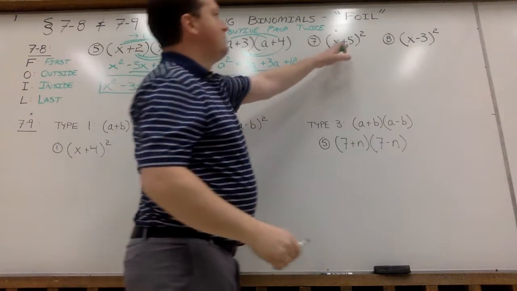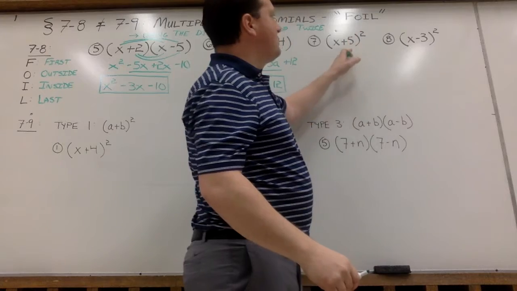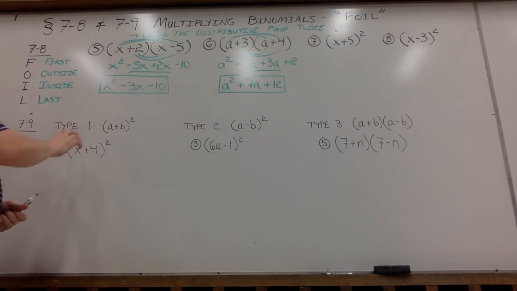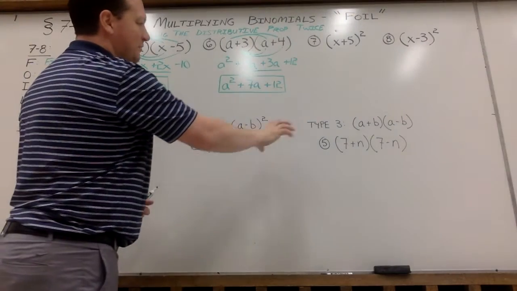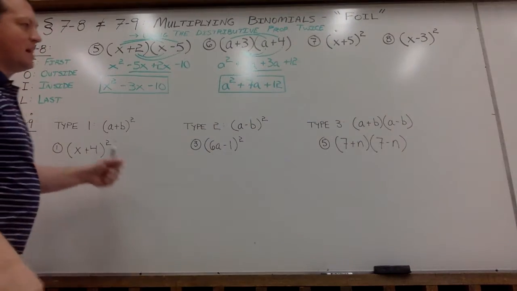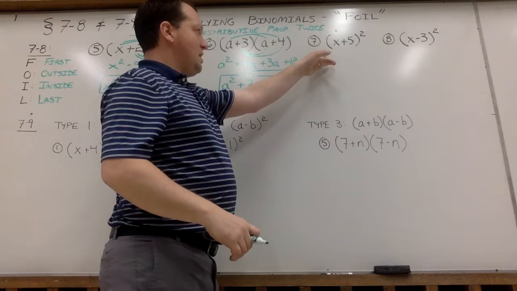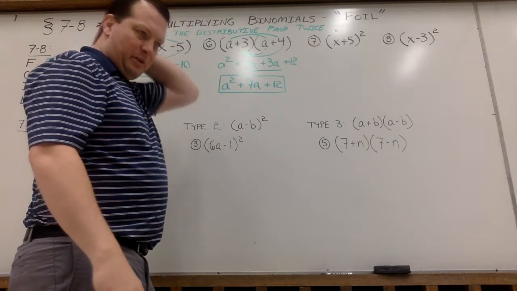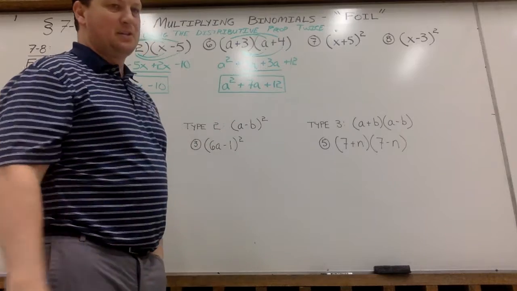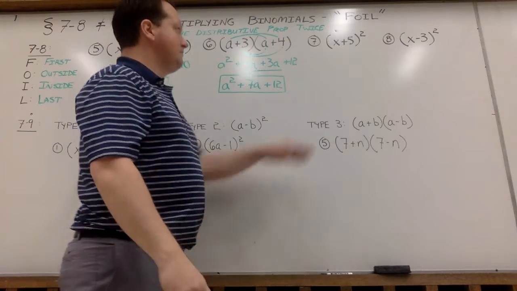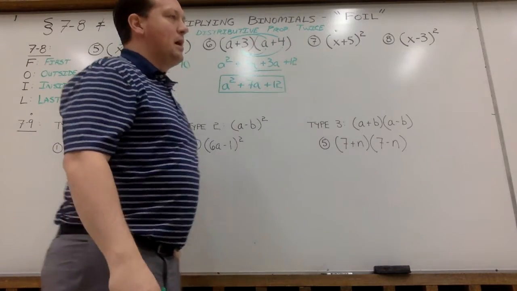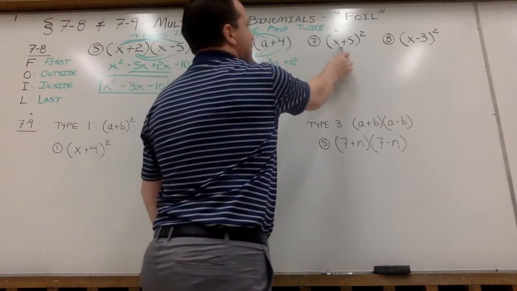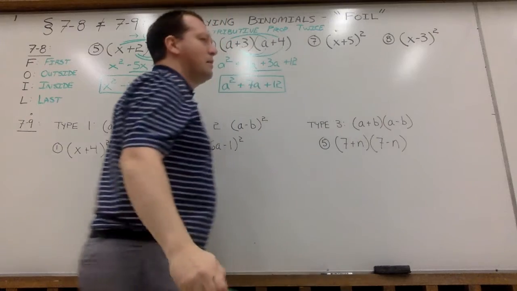We're going to take a look at some special cases here, examples 7 and 8 from the 7-8 notes, and then we will solidify that with the 7-9 notes. So example 7, here's one little tidbit or necessary operation or format, if you will, when you are taking a binomial squared.